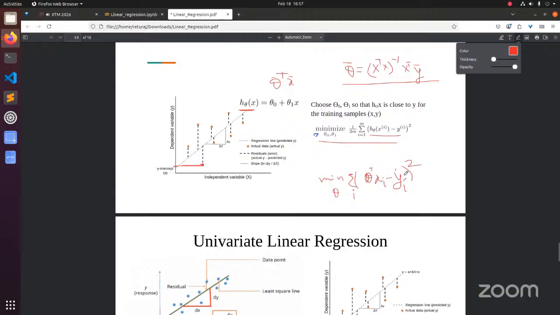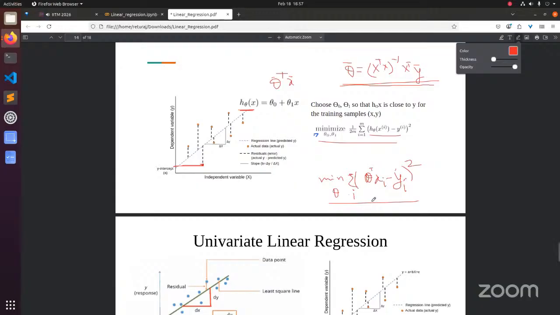So the distance between these two should be very close to 0. You sum over all the errors and minimize this total error. If you minimize the total error, it will come out to be the same value that we derived before. Is this okay? It's just a different form of writing.